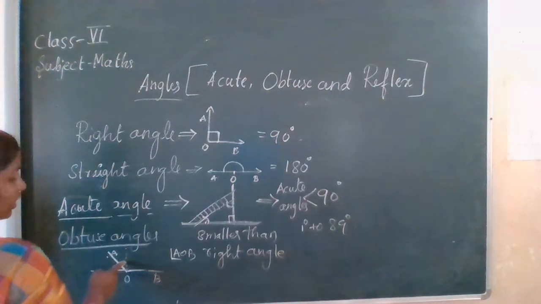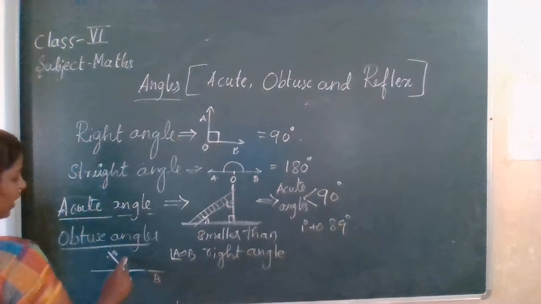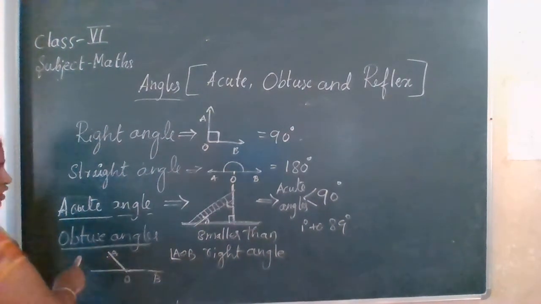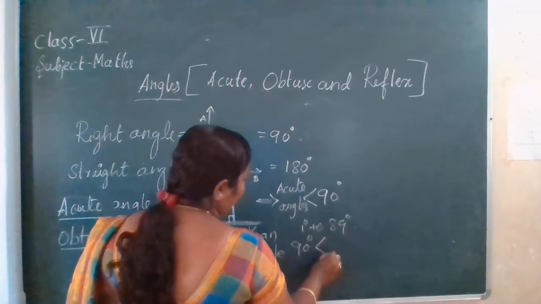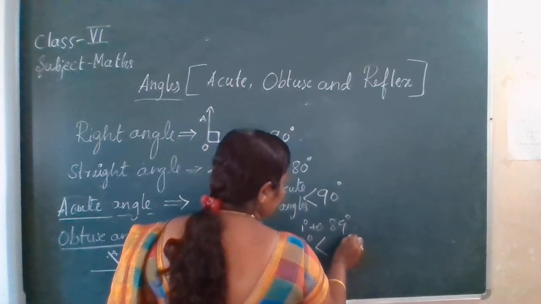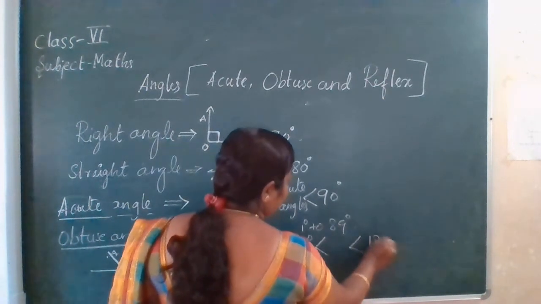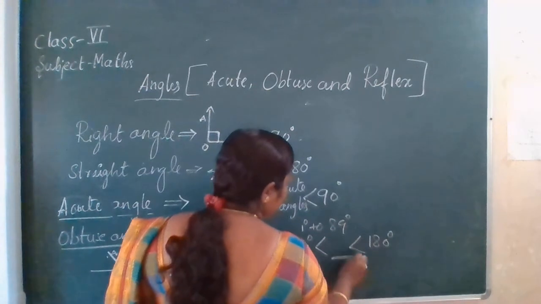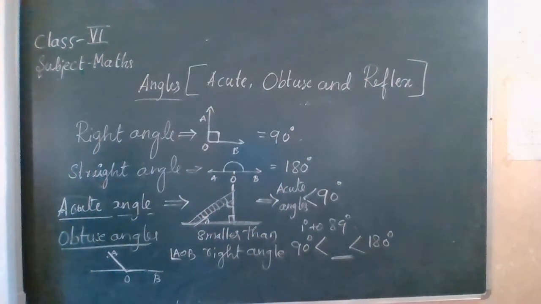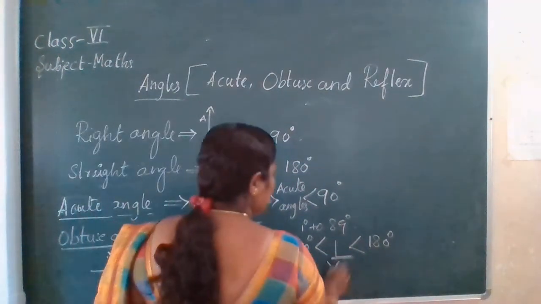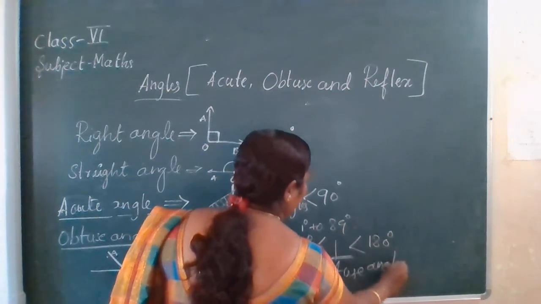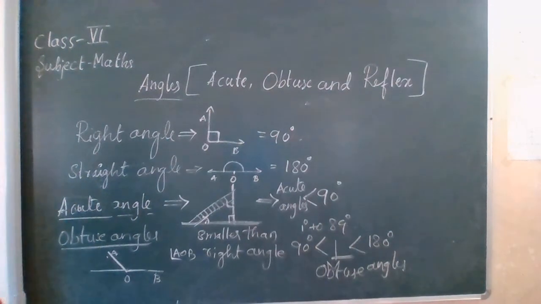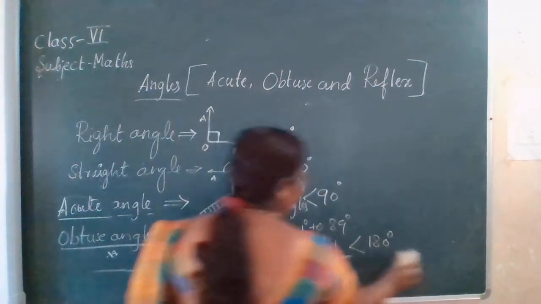The angles more than 90 degrees and less than the straight angle, that is 180 degrees, these middle angles are called obtuse angles. And then the last one is the reflex angle.